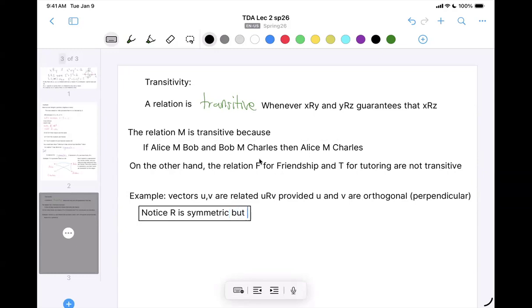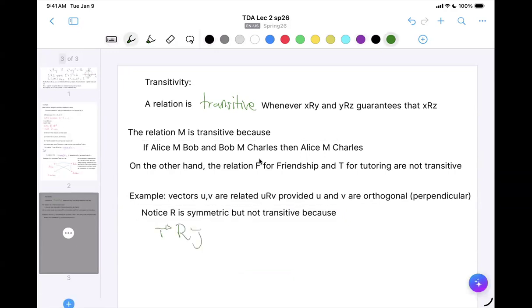It's not transitive, because, for example, take the vector i from ijk. i is related to j, and j is also related to negative i. It may feel like a bit of a cheat, but i and j are perpendicular, j and negative i are also perpendicular, but i and negative i are definitely not perpendicular.